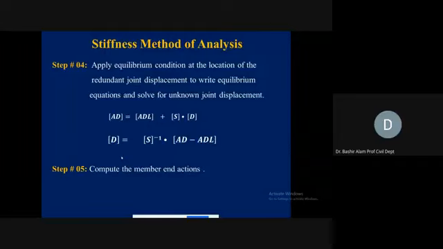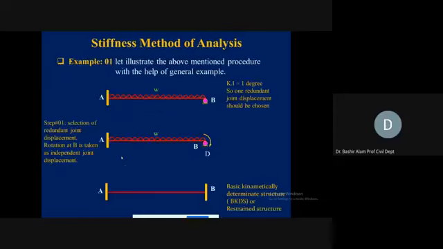The member end actions we designate again by AM, and this AM will be equal to AML, as we did in the flexibility method, plus AMD times D. There it used to be AMR times AR; here it will be AMD times D instead of AR. We'll discuss this in a moment.